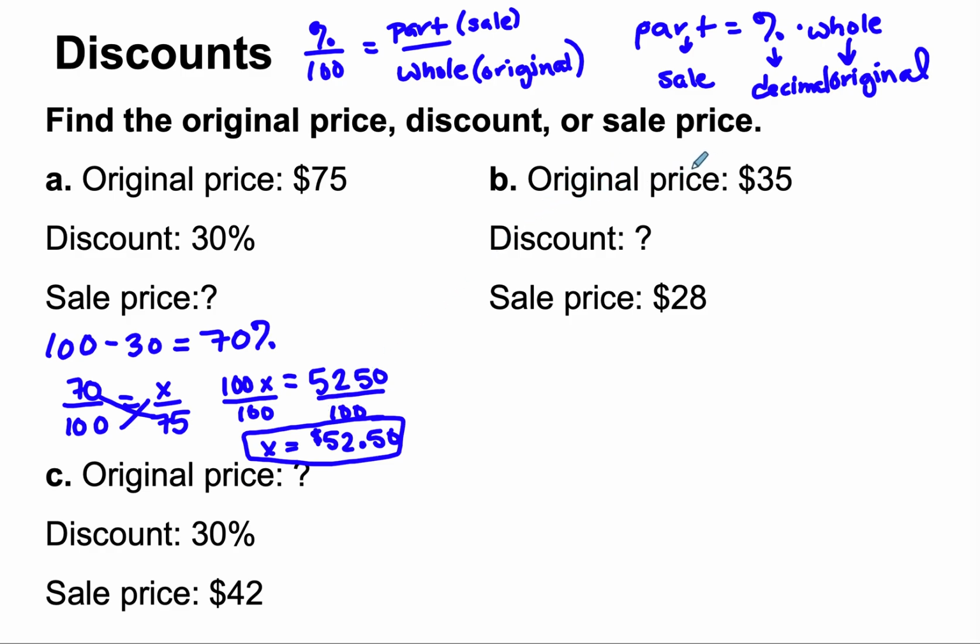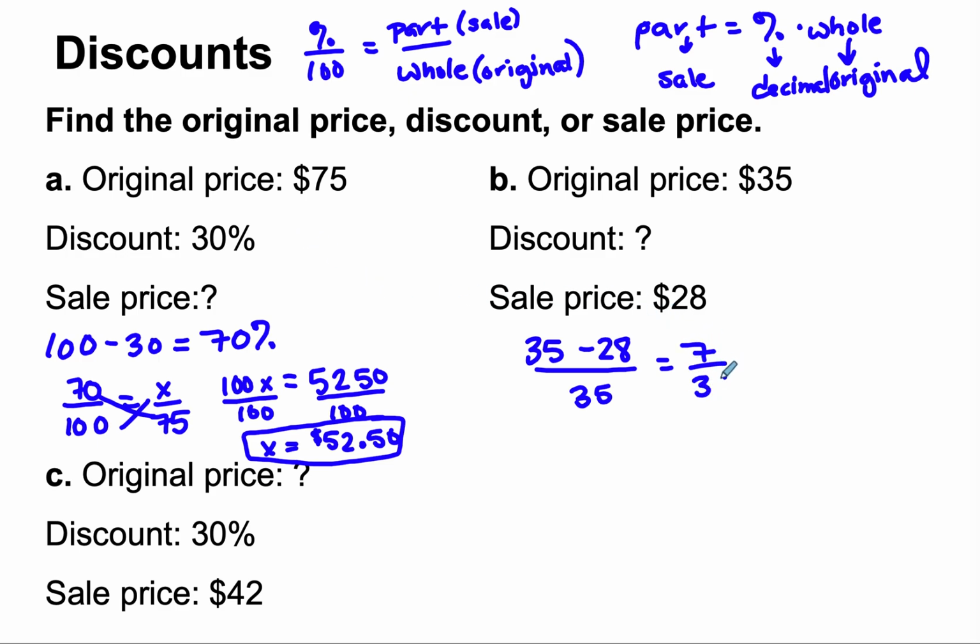Original price is $35. We don't know the discount, which is a percent. We know the sales price is $28. We're missing a percent, so this is a percent change problem. 35 minus 28, divided by the original. 35 minus 28 is going to give us 7.